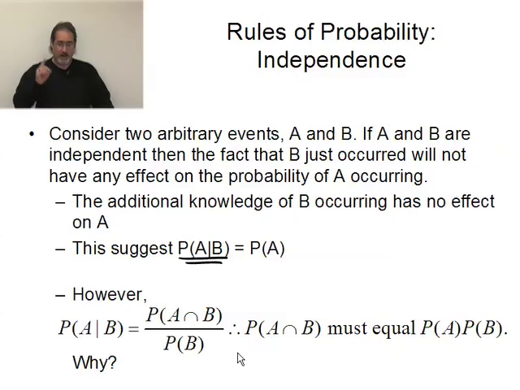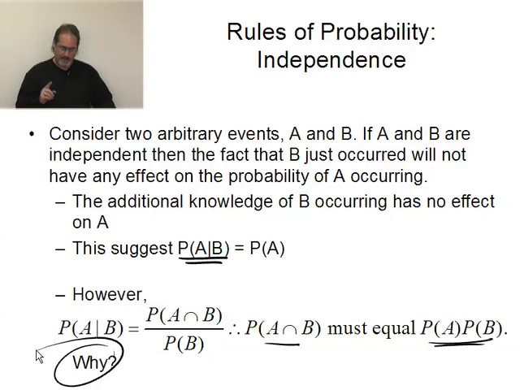Therefore, under the condition of independence, the probability of A and B must equal the product, the probability of A times the probability of B. Why? Think about it.